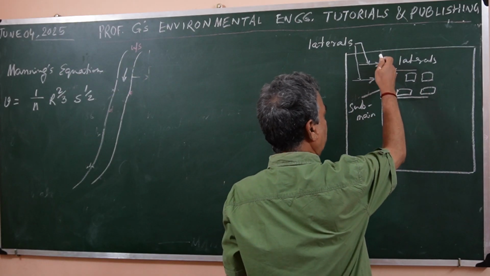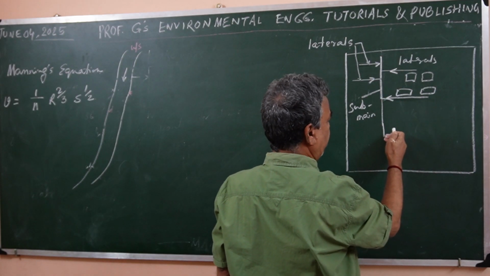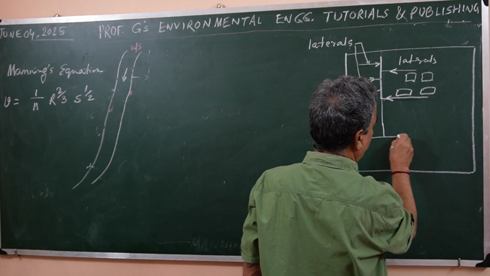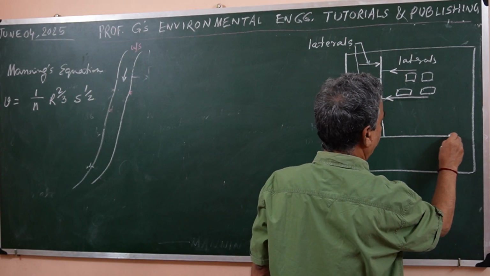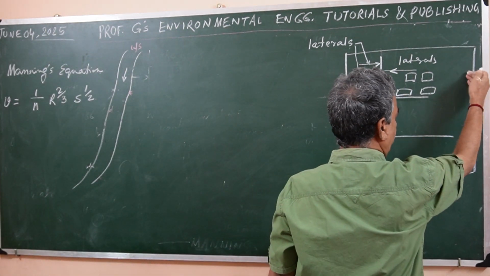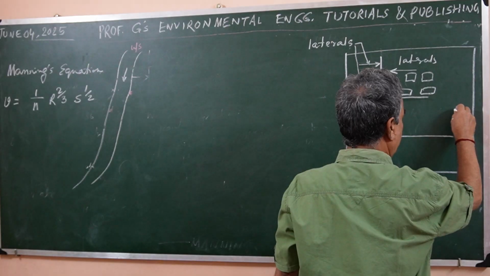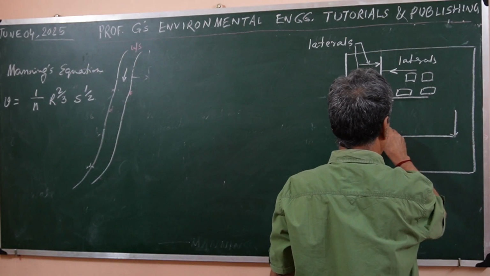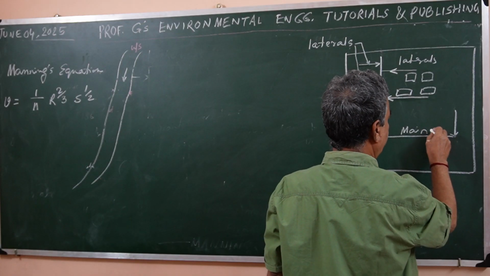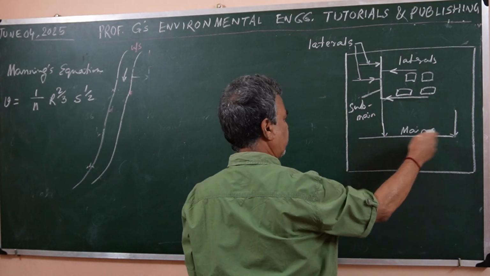So this is a sub-main, another sub-main also. Ultimately, suppose this will be the main line for this particular block or cluster. Similarly, for other areas, the sub-main is coming and joining the main line. That means so many mains are there.